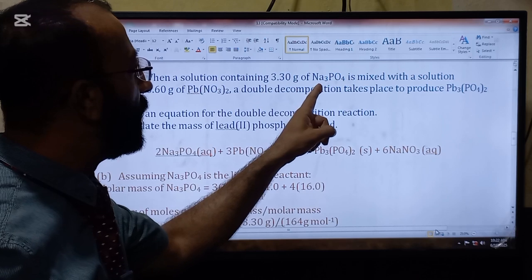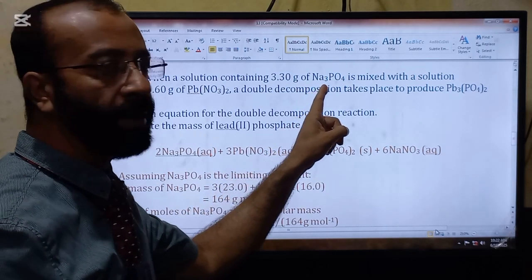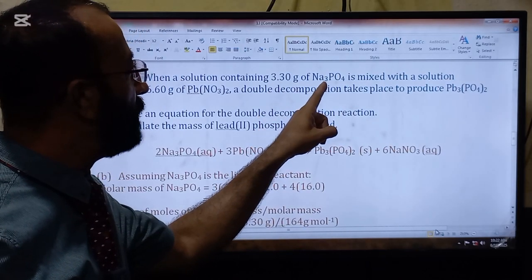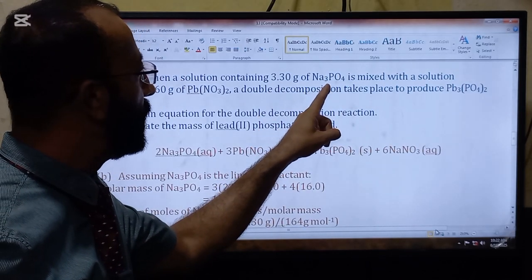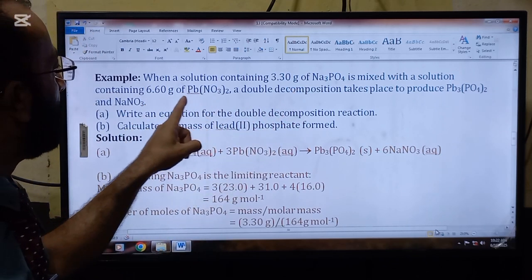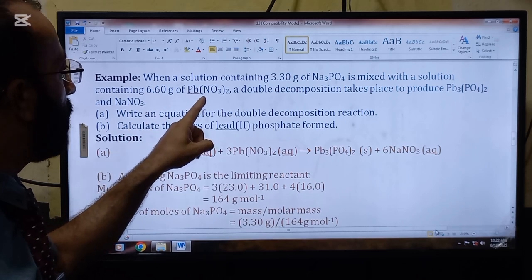The formula for finding the number of moles is moles is equal to mass over molar mass. So this mass over molar mass will give us the moles of this substance. Likewise, mass over molar mass of this compound will give us the moles of this compound.